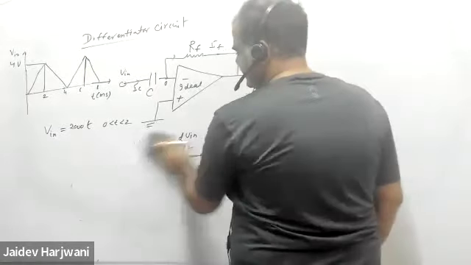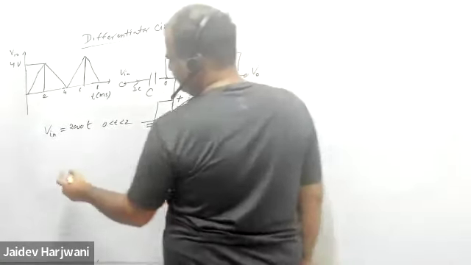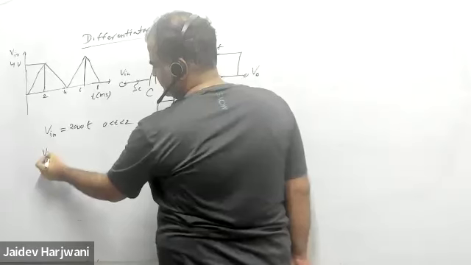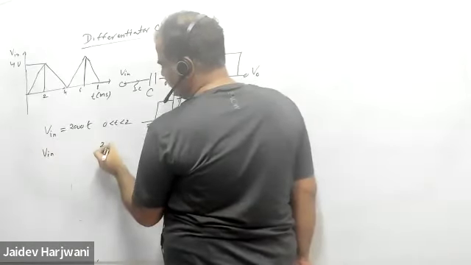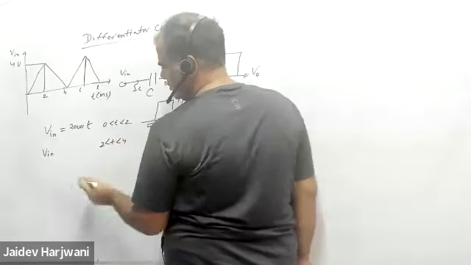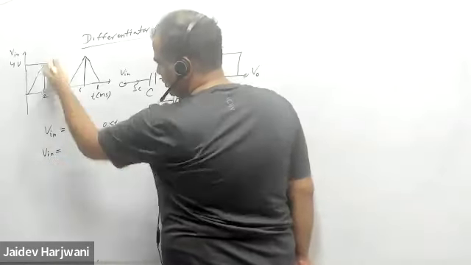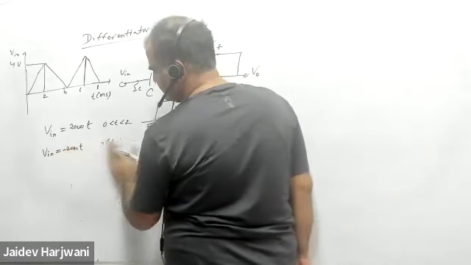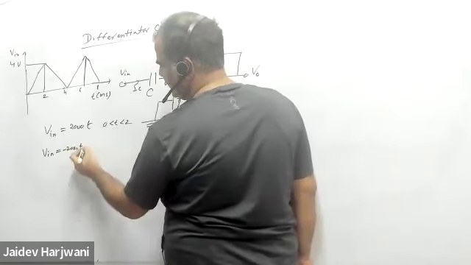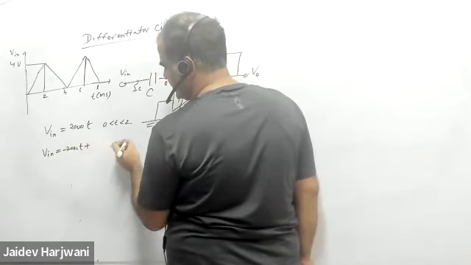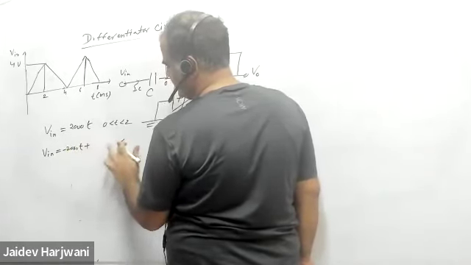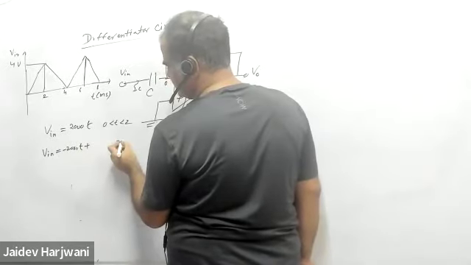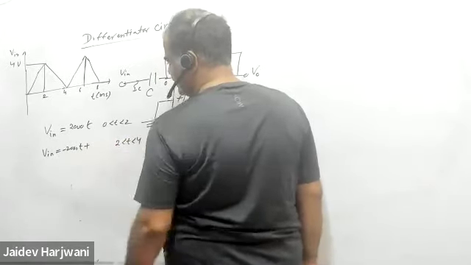Now for the time period 2 to 4, the slope is the same but negative, minus 2000 t plus a constant. What is the constant?